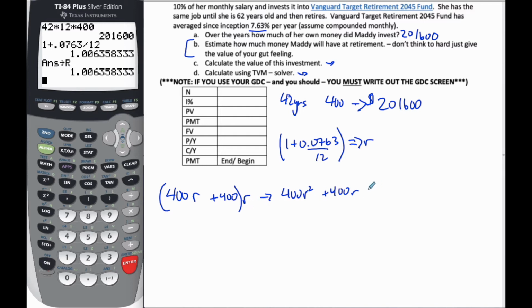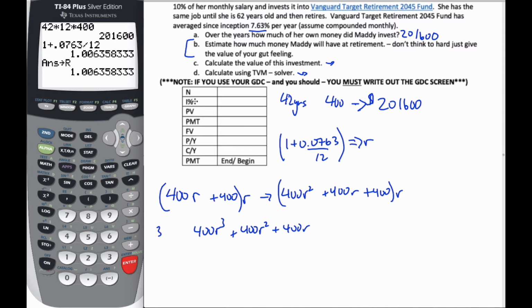Then, at the beginning of month 3, I add another 400, and all of that money gets multiplied by R. So at the end of month 3, I have 400R cubed plus 400R squared plus 400R. And that goes on for all the months that I do it.